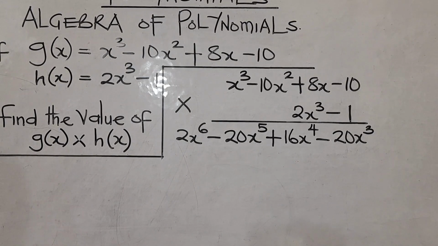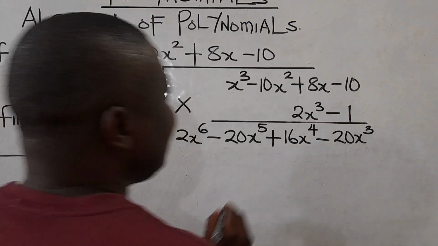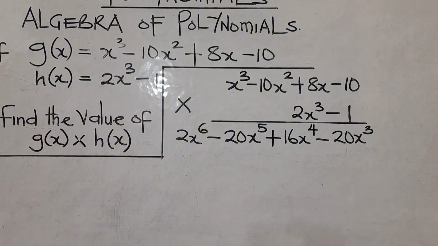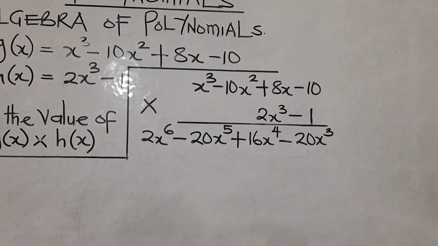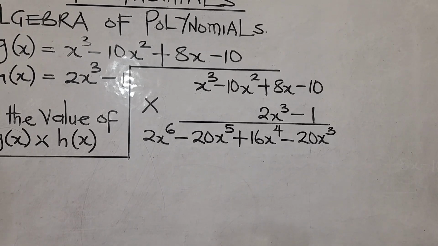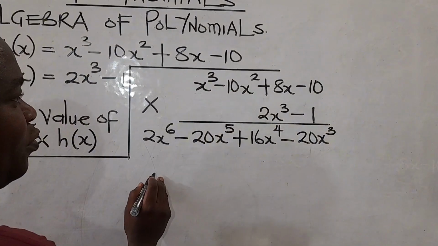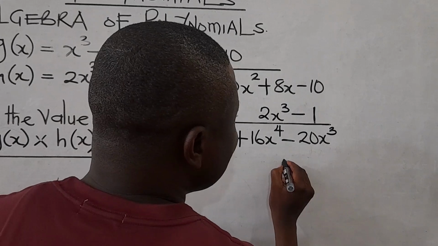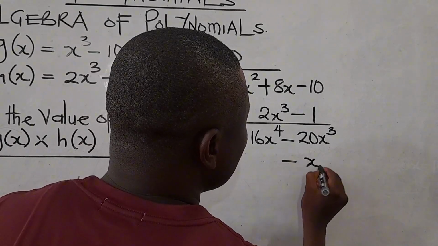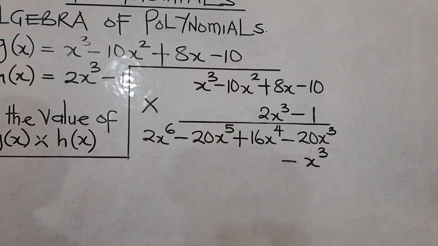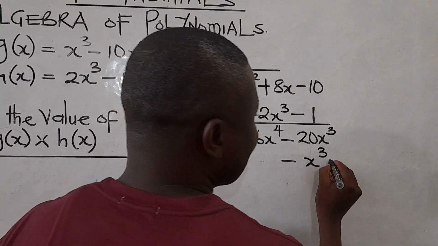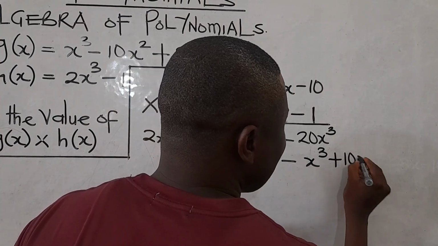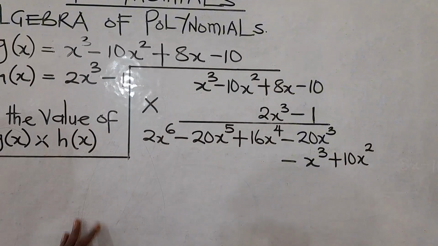Good. So let's start with the negative 1. We have negative 1 times x cubed is negative x cubed. X cubed stays under x cubed. Negative 1 times negative 10x squared is positive 10x squared.